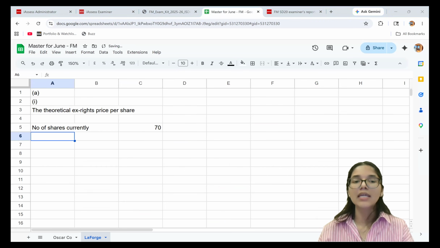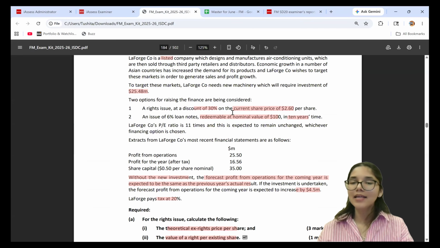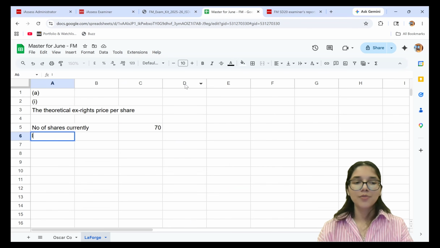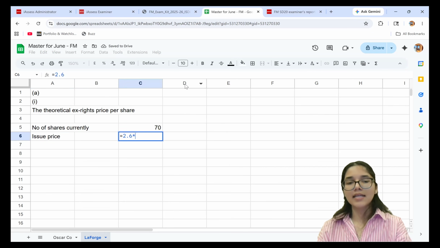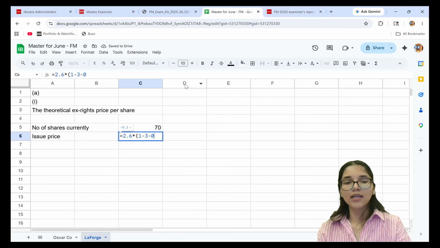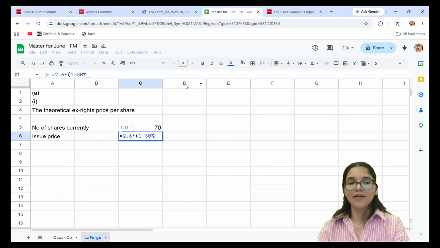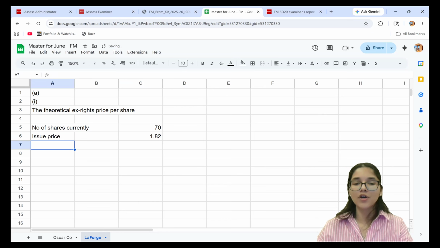I also have to see what will be the issue price, at what price I'm going to sell these shares to my shareholders. So it's at a discount of 30% to the current share price of 2.6. So my issue price is 2.6 into 1 minus 30%, or you can simply take 70% also, whatever floats your boat.